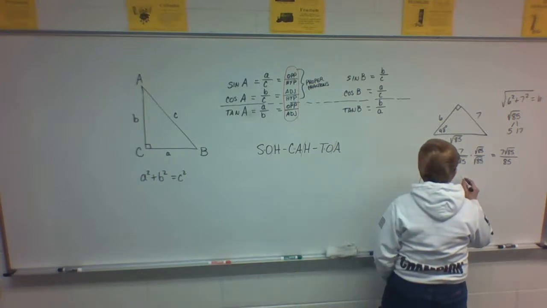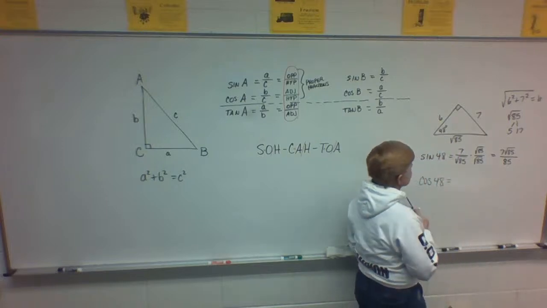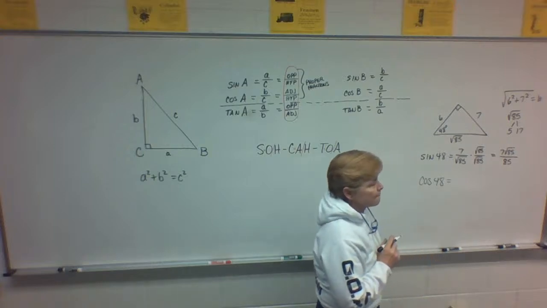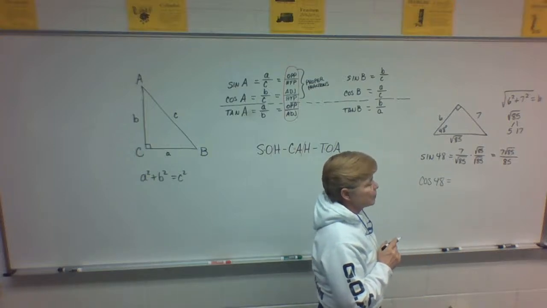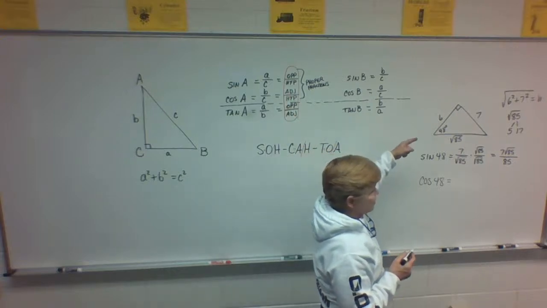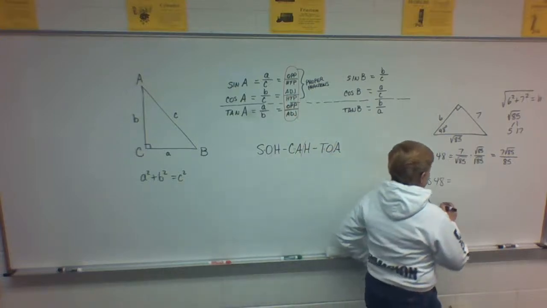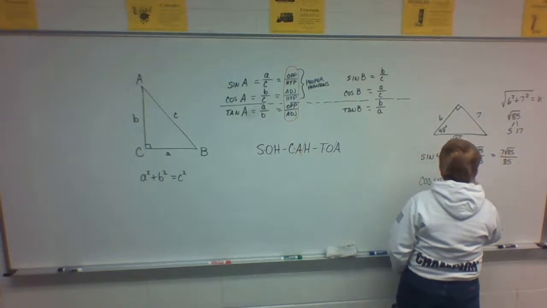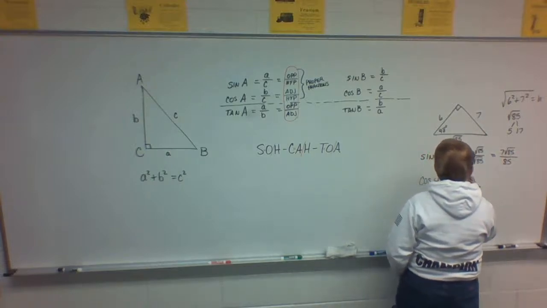What's over the 85? 7 times the square root of 85. Is it 7? I thought it was 6. Cosine of 48 would be, what's adjacent to 48? Because see, cosine is adjacent. 6 over the hypotenuse. And since you already did this, that would be 6 times the square root of 85 over root 80, I'm sorry, over 85.